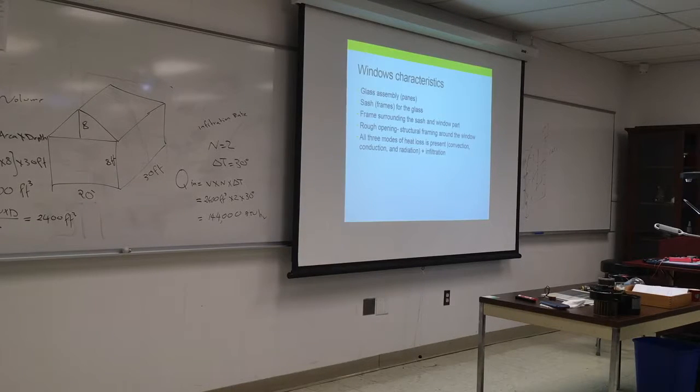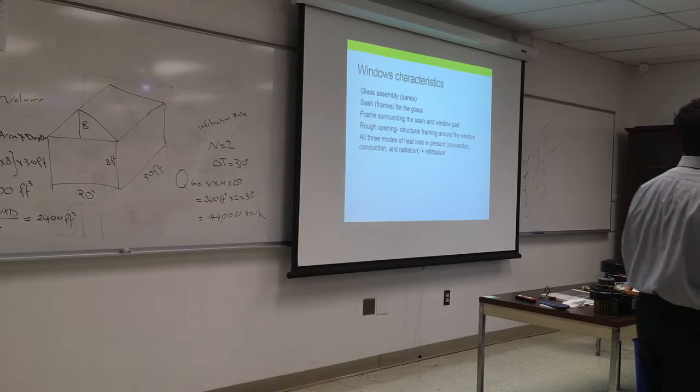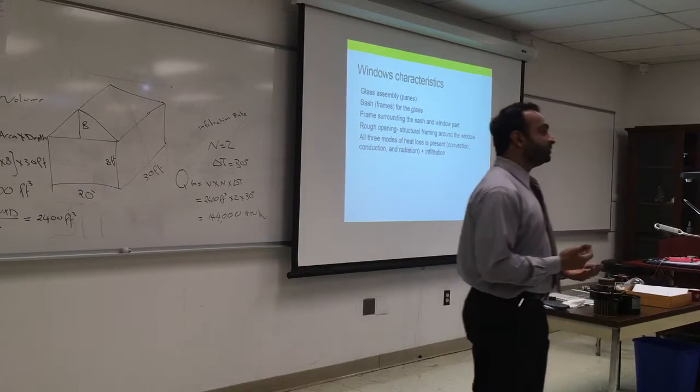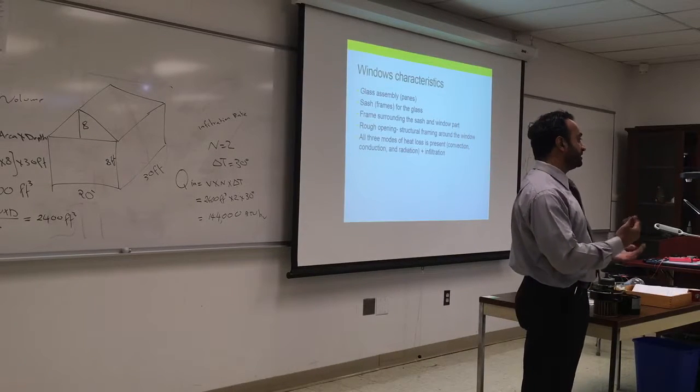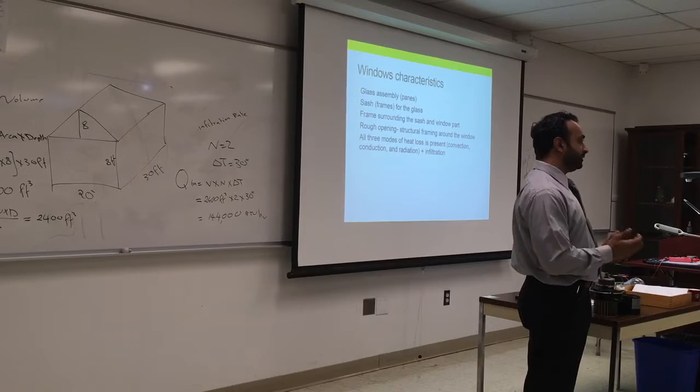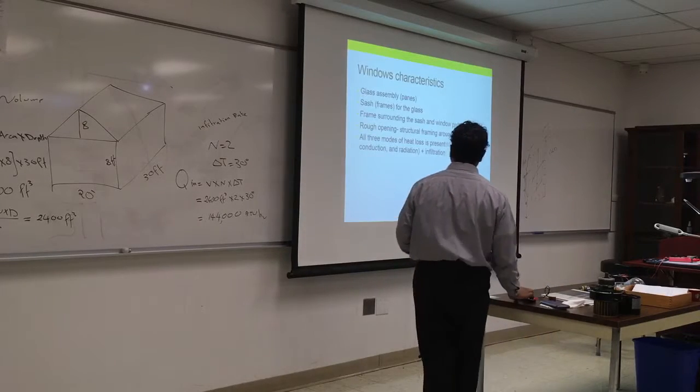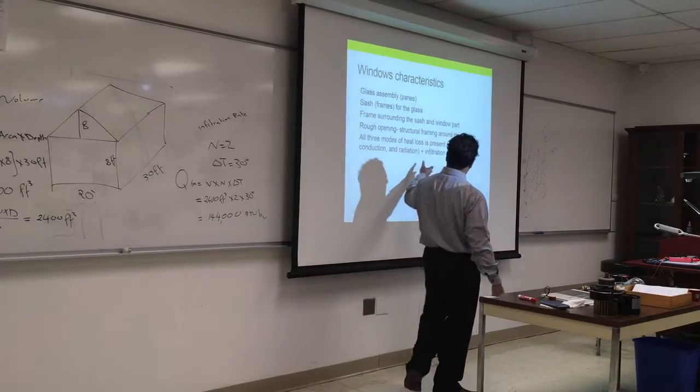If you put the windows in the south and the east, you probably can get the sun to heat the entire first floor. If you heat the first floor, all the heat will rise up and heat the entire house. So probably you can keep your house warm from 6 in the morning till like 3 in the afternoon with the heat off, just by using the sun. So radiation is one thing.